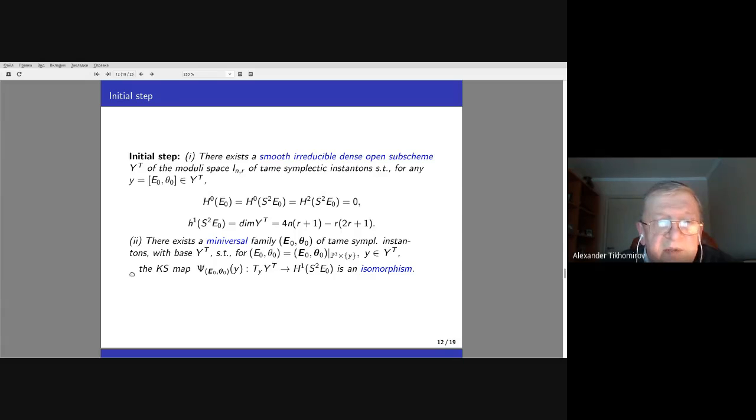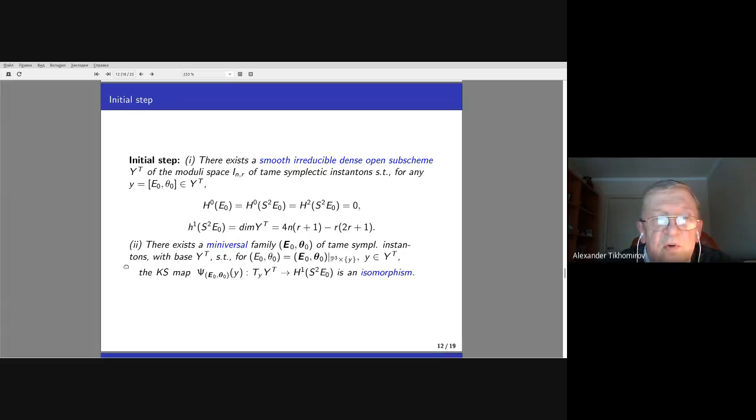I think one could achieve this by shrinking this base Y_T. But for us, it is not necessary. It is enough to distinguish miniversal families. Okay, so this is the initial step of our construction, which follows more or less from our work with Ugo and Markushevich on symplectic instantons.